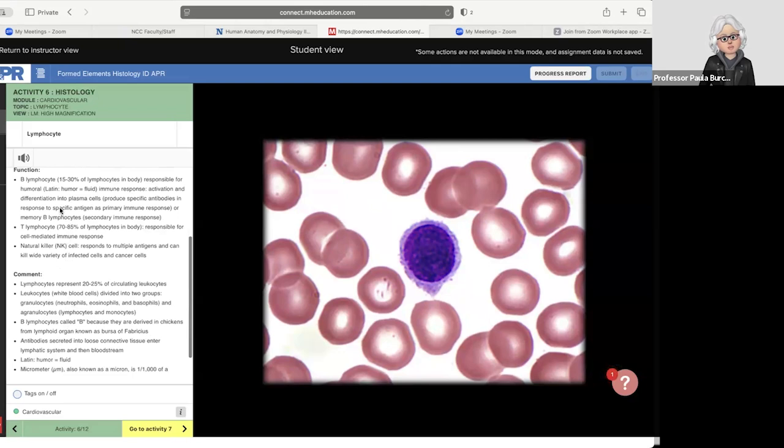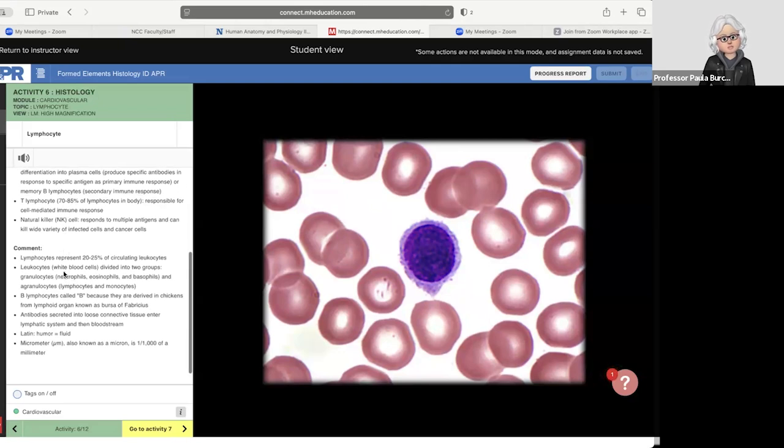And it's going to talk about what the function is and describe a little bit more about it. So be sure that you read this. Again, I'm not going to ask you for the percentages, so don't worry about that. Just the total number of leukocytes, normal range in a millimeter cubed of blood. So now we're going to go to the next one.